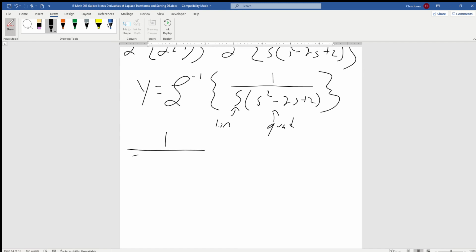So 1 over s times (s squared minus 2s plus 2) is going to be equal to A over s plus (Bs plus C) over s squared minus 2s plus 2.